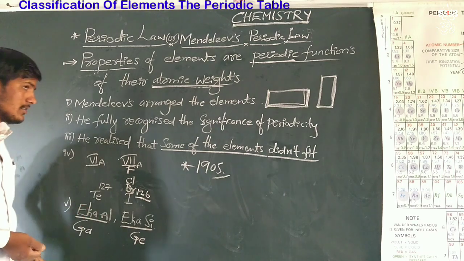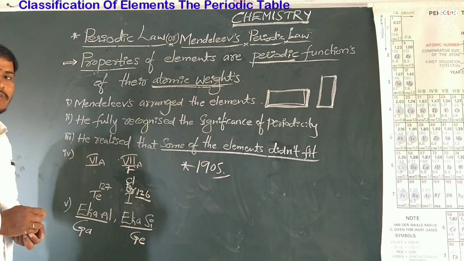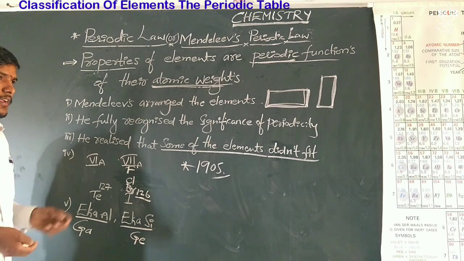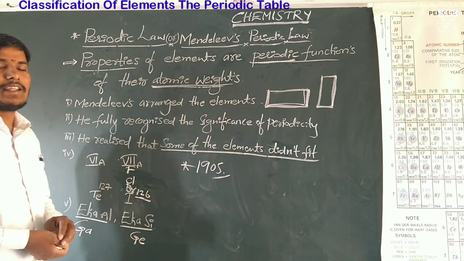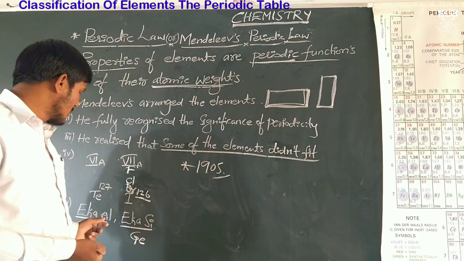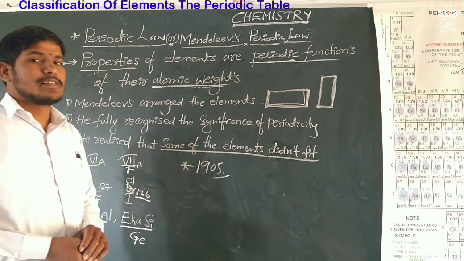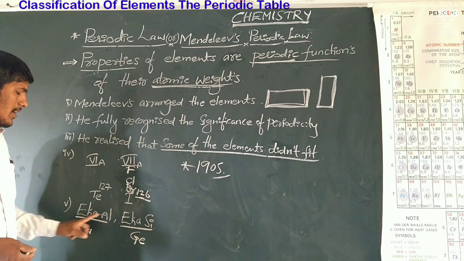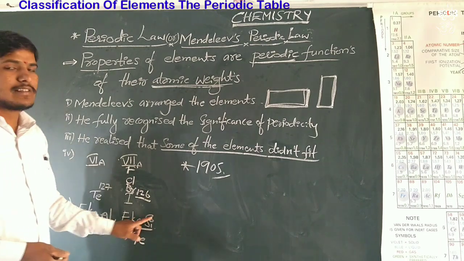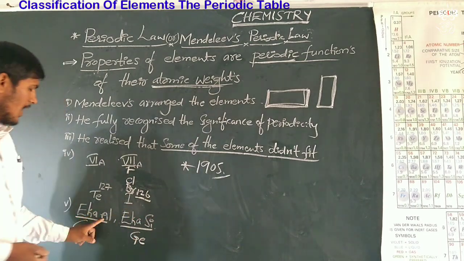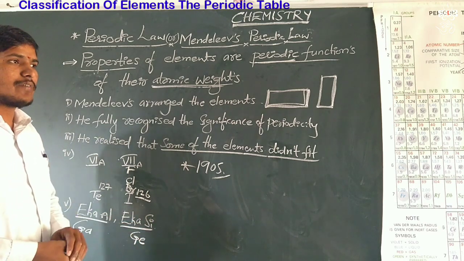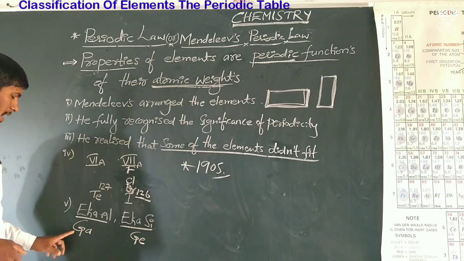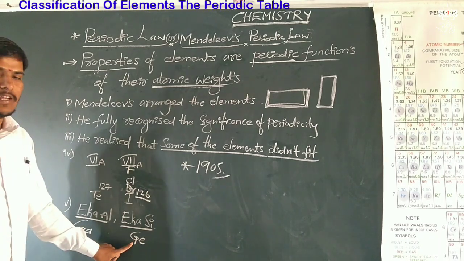He gave names to the elements expected under aluminum and silicon: eka aluminum and eka silicon. After the discovery of these new elements, they were named gallium and germanium.